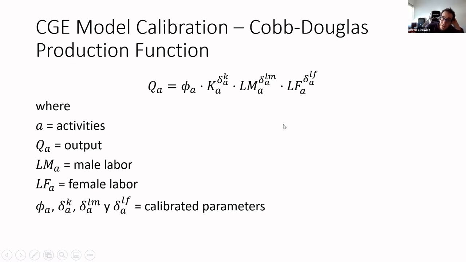And if we want to calibrate the model, that means that we have to provide values of the different parameters that are going to be consistent with the information that we have in the social accounting matrix. Okay. So if we have in the social accounting matrix that capital is receiving like 40% of the factor payments in a given activity, this parameter for capital will be 40%.